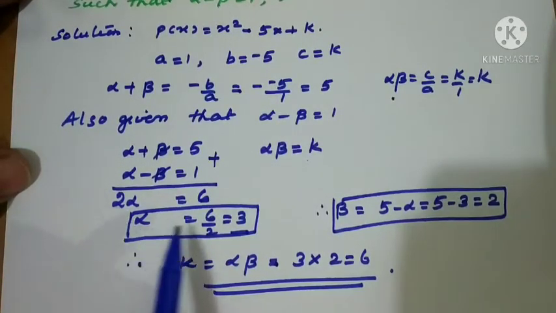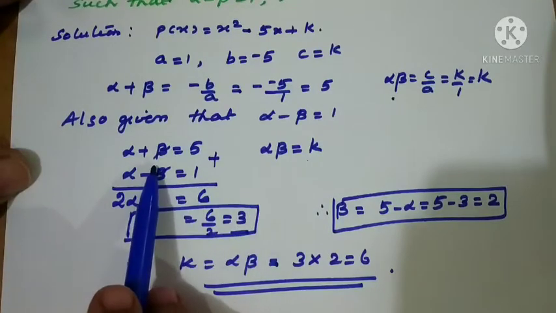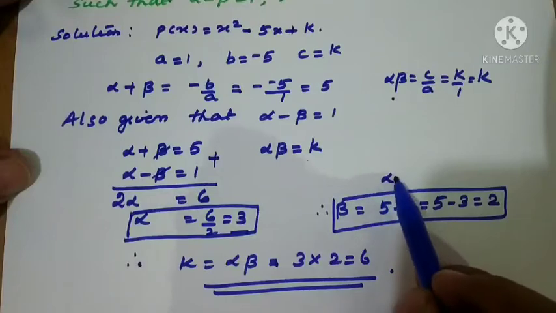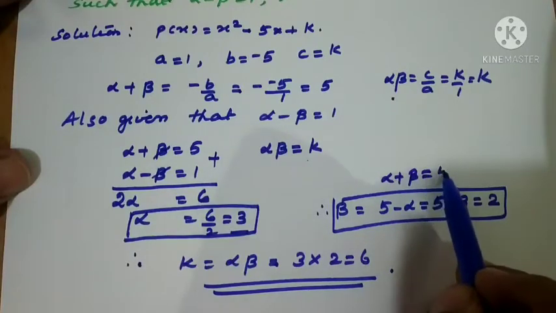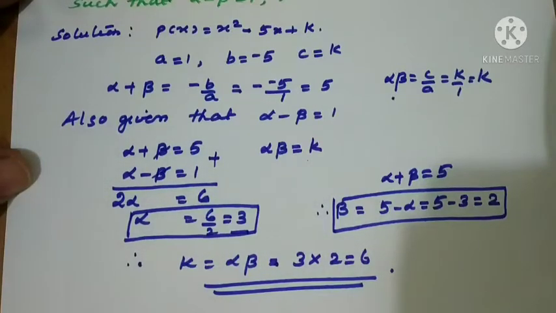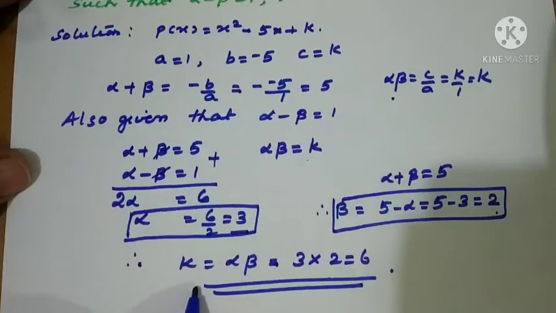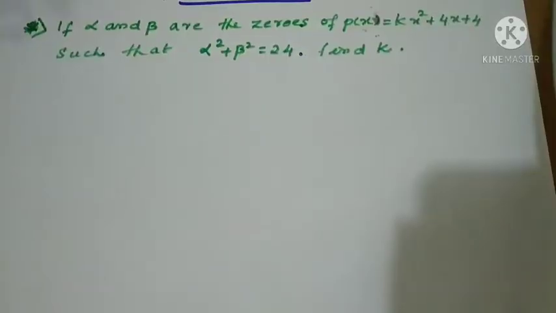That means 2 alpha equal to 6, alpha equal to 3. We got one equation, alpha plus beta equal to 5 only. So alpha value is 3 we got. So what is beta? 5 minus alpha, that is equal to 2. We got alpha beta equal to 6.